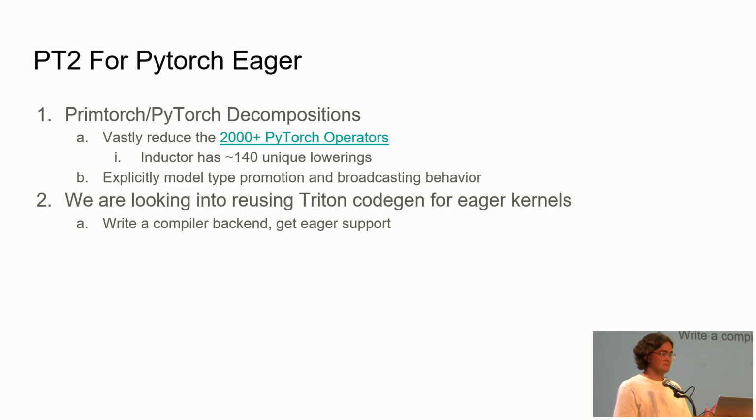And also note that we're looking into reusing Triton codegen for eager kernels, which would simplify a lot of things. And then, if you wrote a compiler backend, you would get eager support through that. That's in the works. There's no specific timeline there.